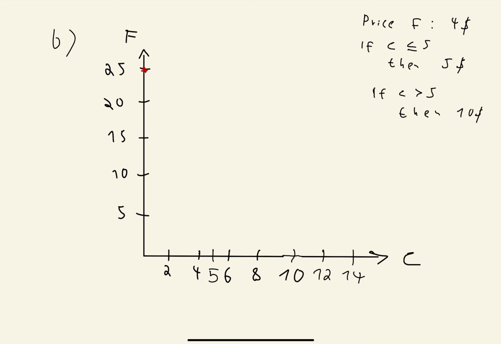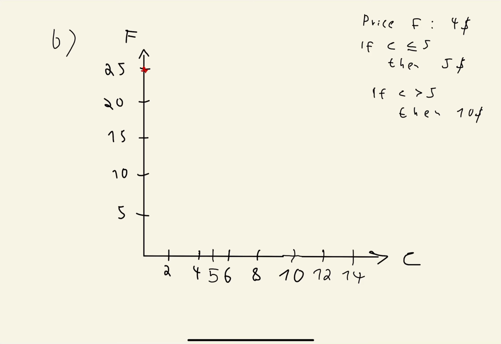So the question now is, if we consume exactly 5 units of clothing, how much can we spend on food such that we are still on the budget line? Okay, so if we spend $5 for each unit and we consume 5 units of clothing, we spend $25.